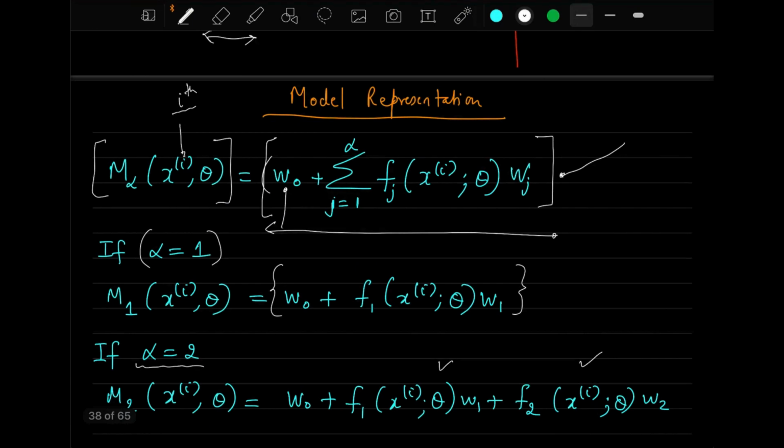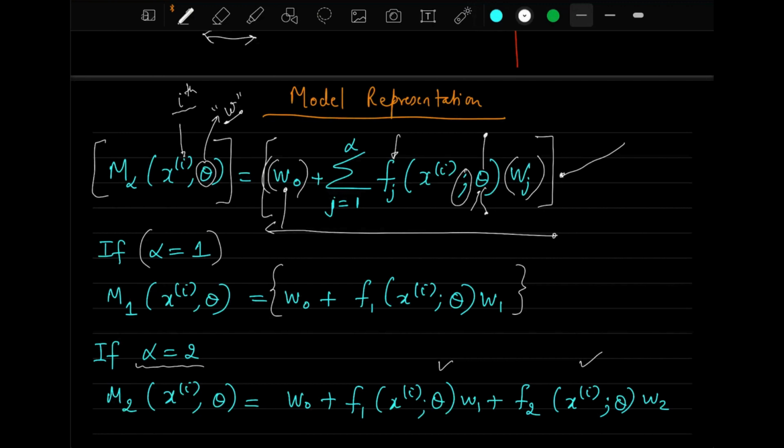One thing I want to say here is that though I have not written it, in m alpha x_i theta, both theta and w should be there. I made a mistake while I was writing all these things. It has to be a function of theta and w both. As you realized earlier, during the optimization process, we indicated that all these parameters will be tunable. This theta is also tunable, and I have written it as f_j x_i with a semicolon with theta to indicate that this particular model f is tuned by this theta.